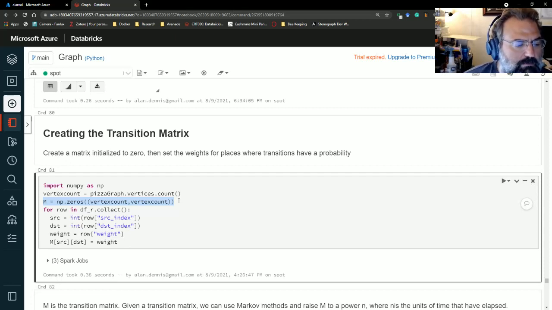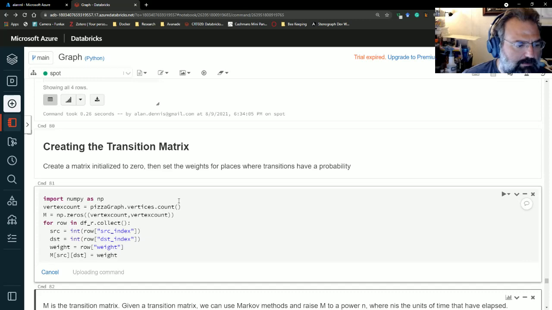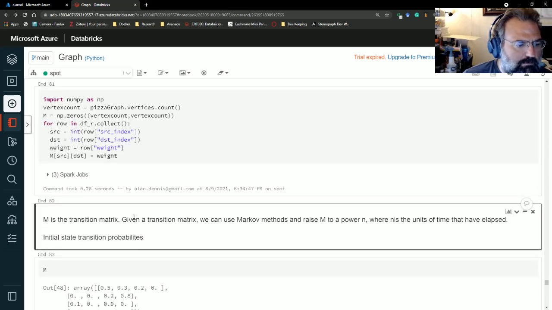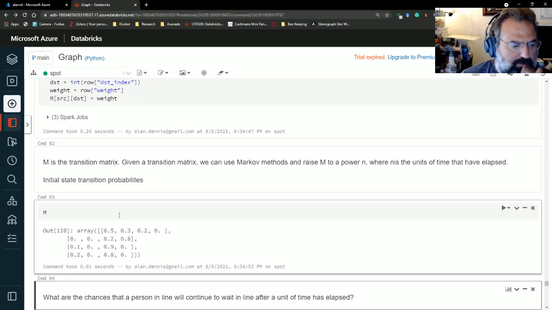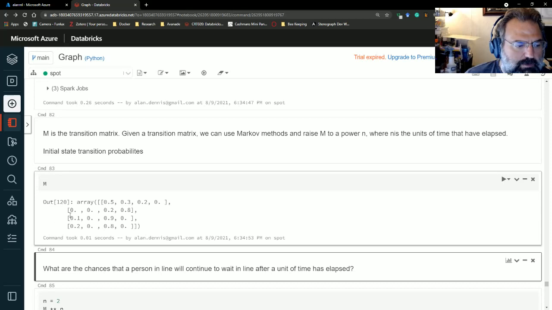Then we set it to 0 initially, then we override that value with things at a certain source and a certain destination, and we give it the weight associated with it, which is the probability. The end result is a matrix, and we can take a look at that matrix, and it should look familiar. It is the state transition matrix. The rows should add up to 1, which they do.